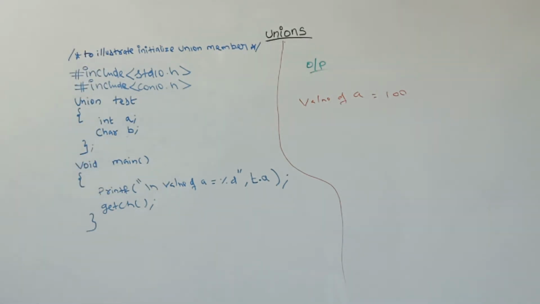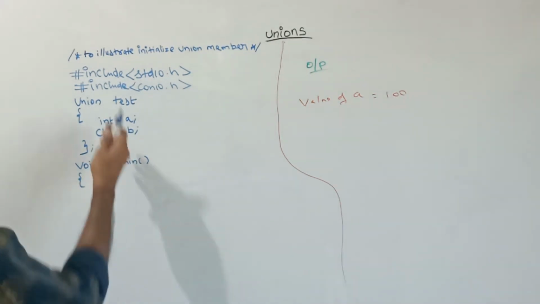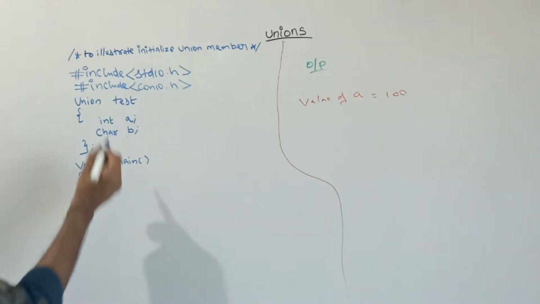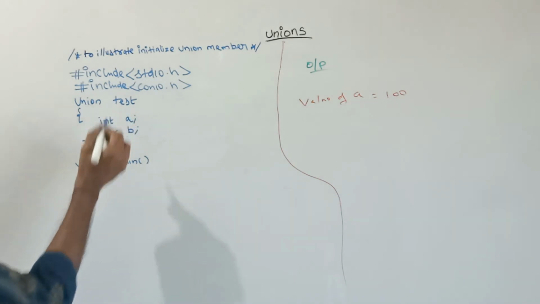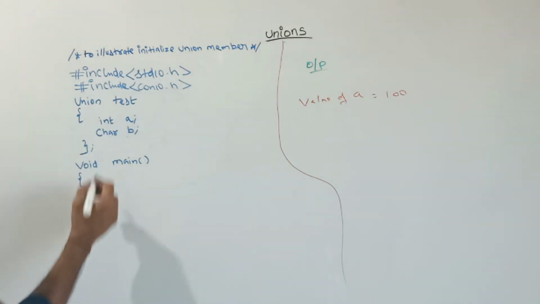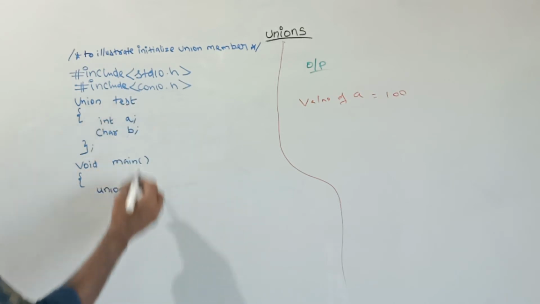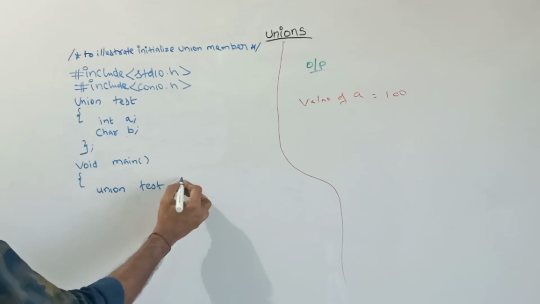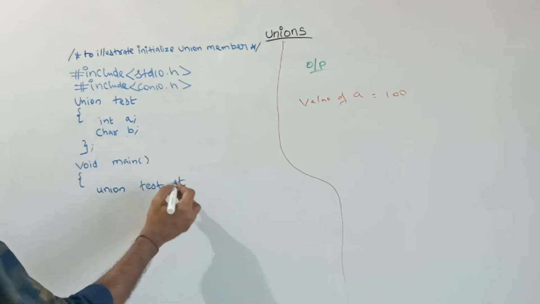Next, outside we can create the union variable for this union test. So how can we create the union variable? First you should give the keyword union. After that the tag name is test. For this I am declaring the union variable as t.